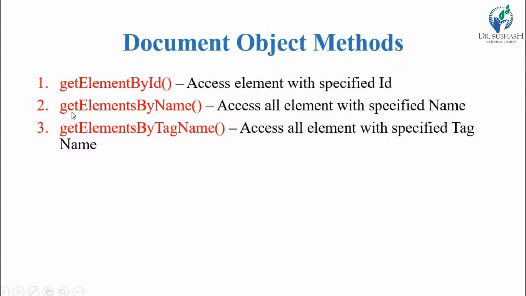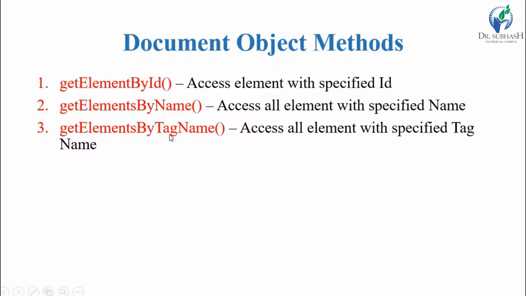Now the second method is getElementsByName. More than one element can have the same name. So you can access all those elements with the help of this method, that is getElementsByName. Now the third method is getElementsByTagName. You can access all elements with a specified tag name.